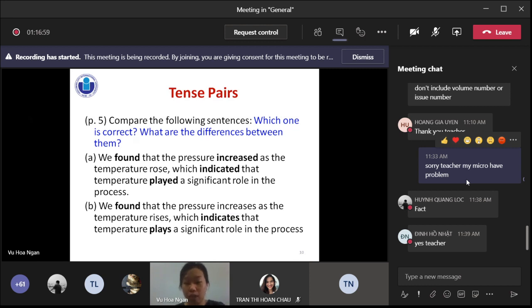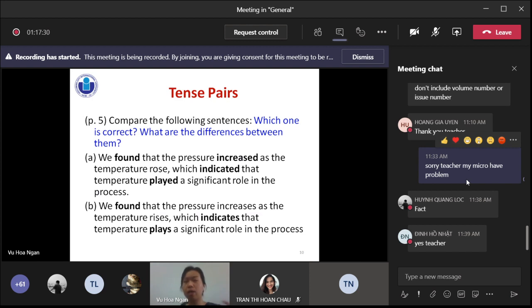Maybe other aspects such as volume, mass, or whatever would play a significant role. Does that make sense to you? So in the study, actually the temperature played a significant role, but in other studies, other researchers may not find the same thing. Does that make sense? So that's why if you use simple past tense, again, both are correct.